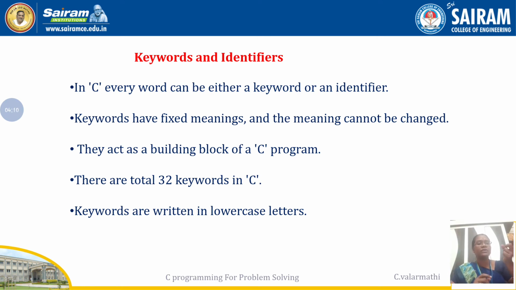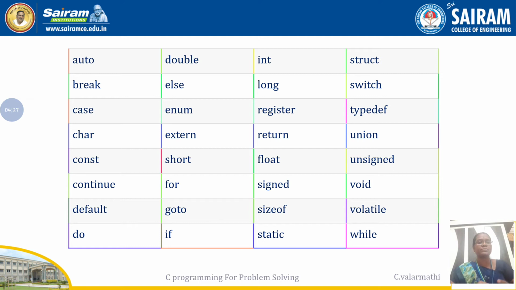If you take one word in a C program, it must be either a keyword or an identifier. Keywords have a fixed meaning: whenever a word has a fixed meaning, it is considered a keyword. Let us see the examples of keywords here.